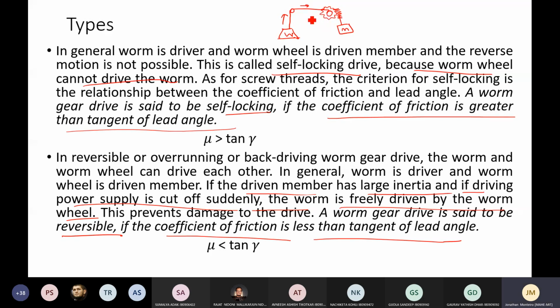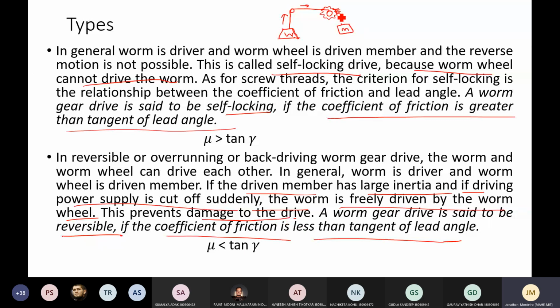Due to gravity, it will try to rotate the worm wheel as much as possible. Sometimes it has such a large inertia that it may damage the worm and come out. This prevents damage to the drive.